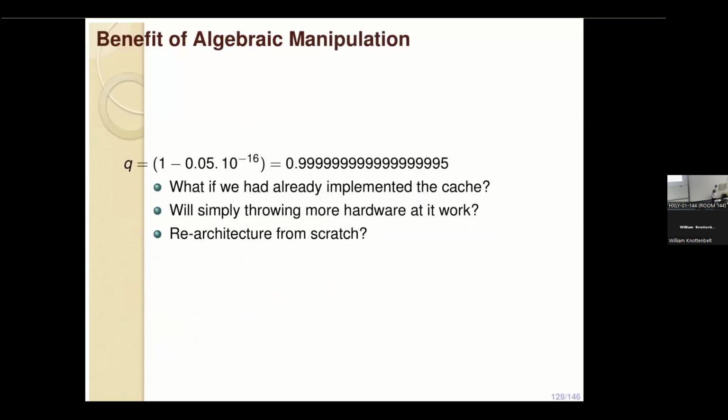I'm going to get back to that, but the question to ask at this point is, what if we wanted that system with a better success rate than that, and we had implemented the current architecture? What would have happened? Would we simply throw in more hardware? Should we re-architect? The conclusion I'd like to draw is that that's such a waste of time and energy and all resources. We can prevent that very quickly.